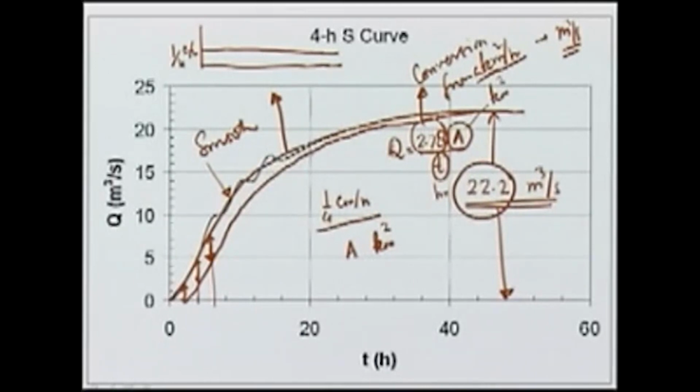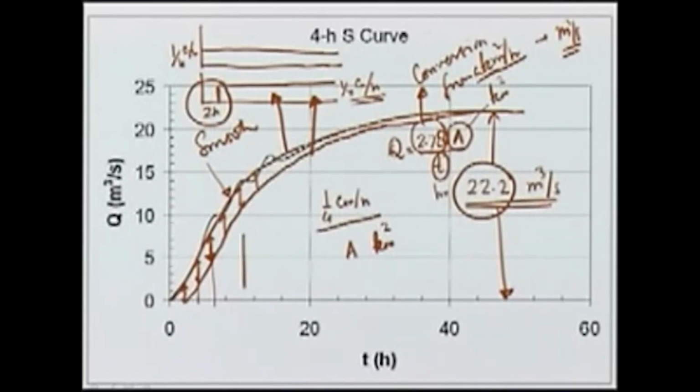The second curve is due to a similar rain, but starting at 2 hours, and intensity same 1/4 centimeter per hour. So, this means that the difference of these two, the ordinates shown here, will be because of a rain which is 2-hour duration and intensity of 1/4 centimeter per hour.